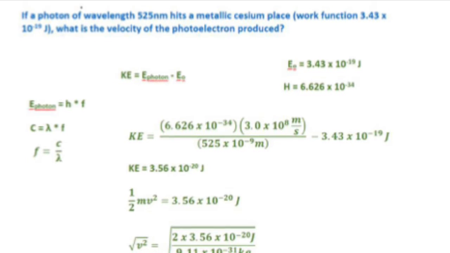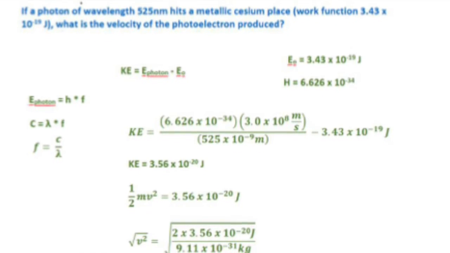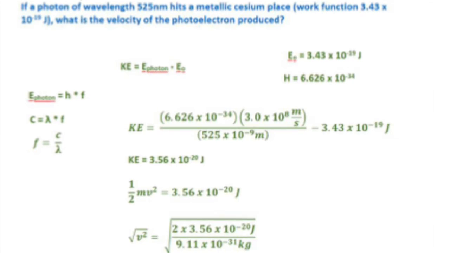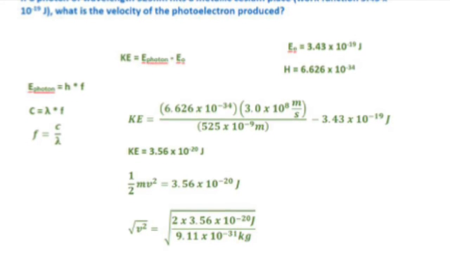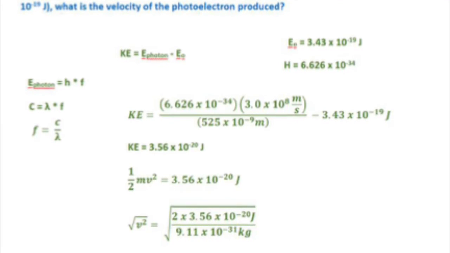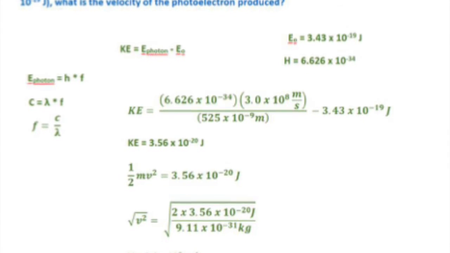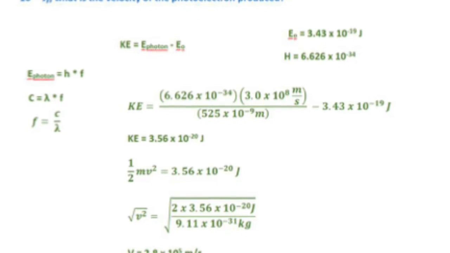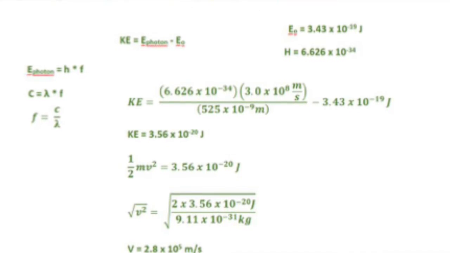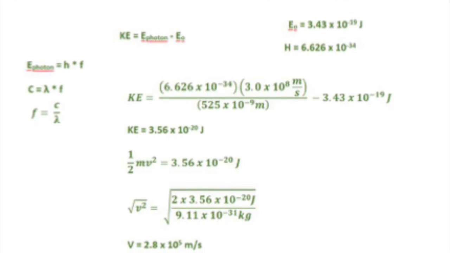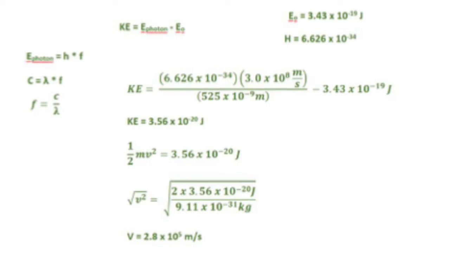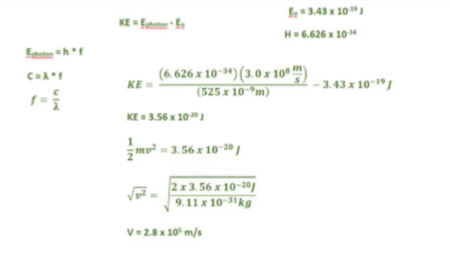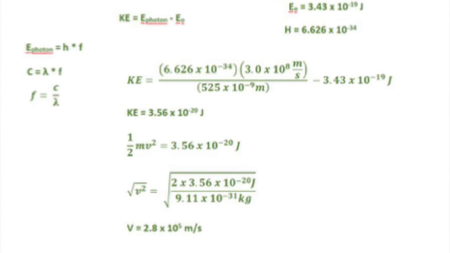And the energy of the photon equals h times f. We can relate that to the speed of light, which equals lambda, the wavelength, times the frequency. So the frequency equals c over lambda. Plugging that in, the kinetic energy equals Planck's constant times the speed of light over the wavelength.